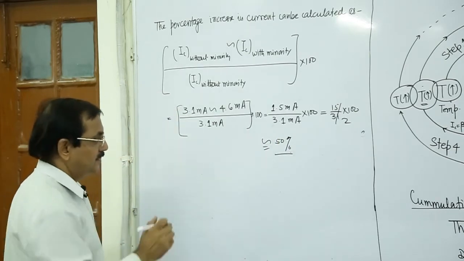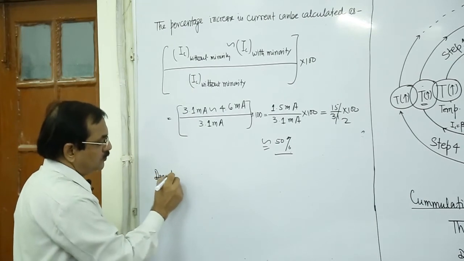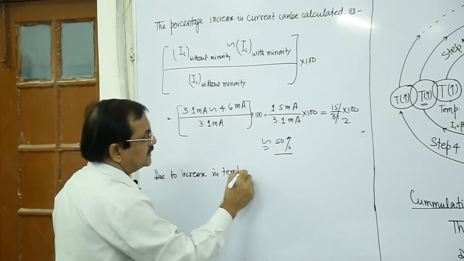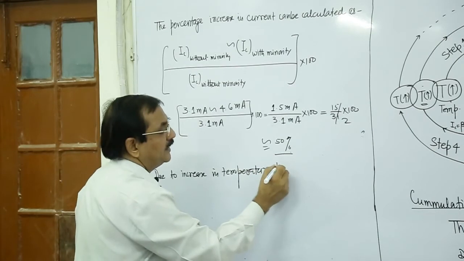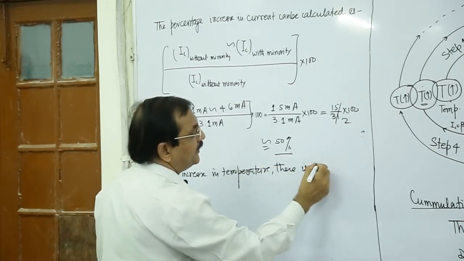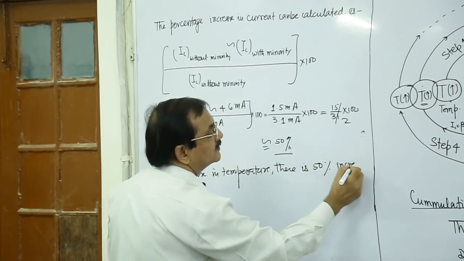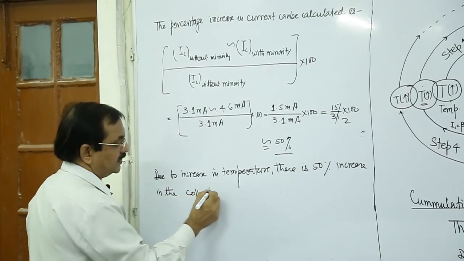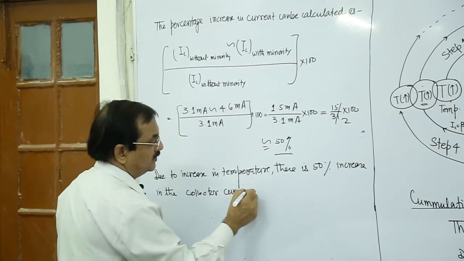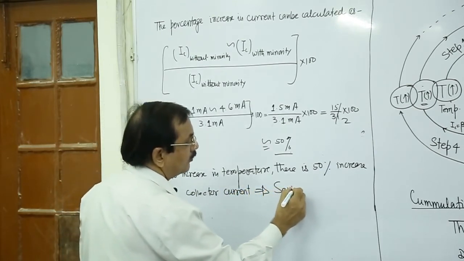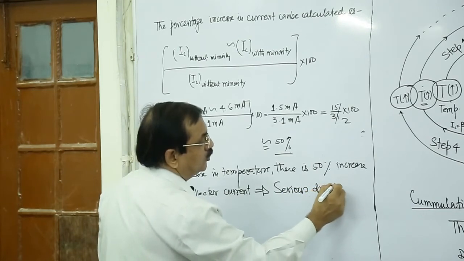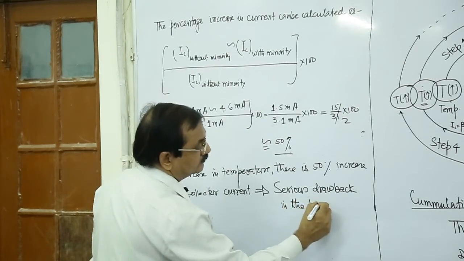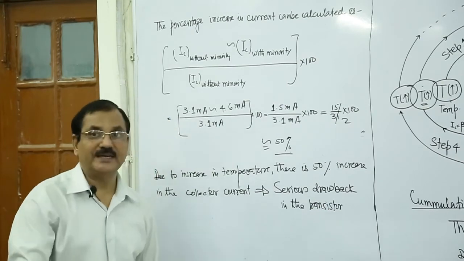So what we find is that due to increase in temperature, there is 50% increase in the collector current, which is a serious drawback in the transistor.